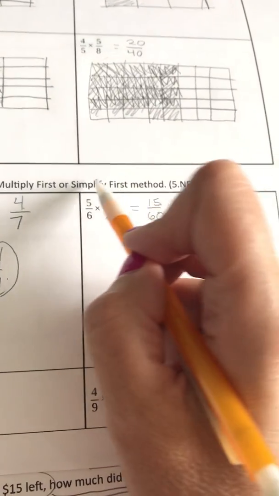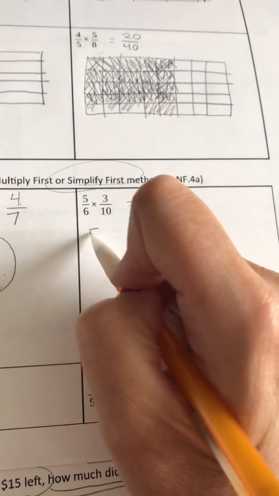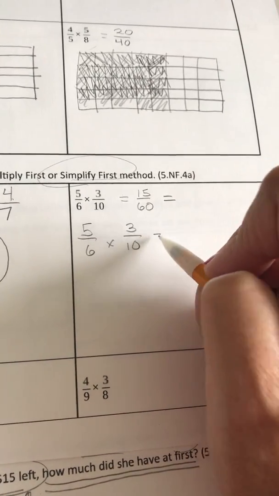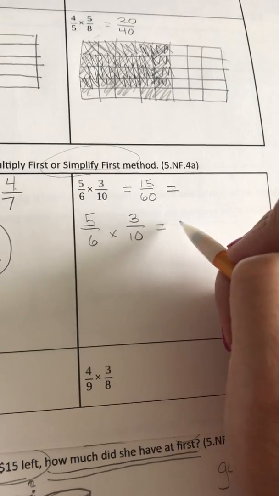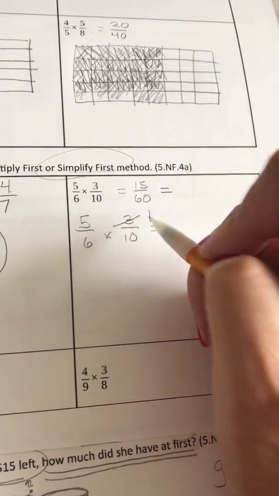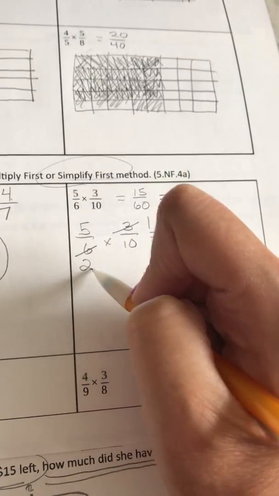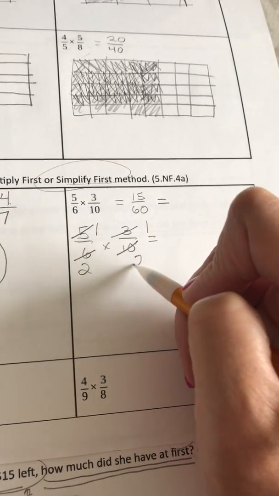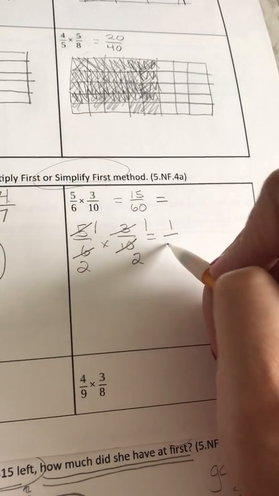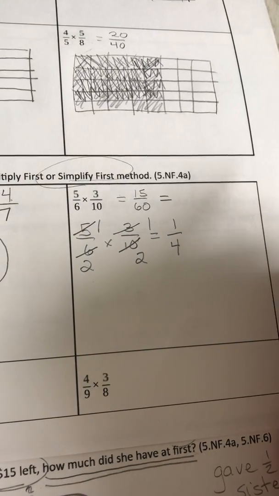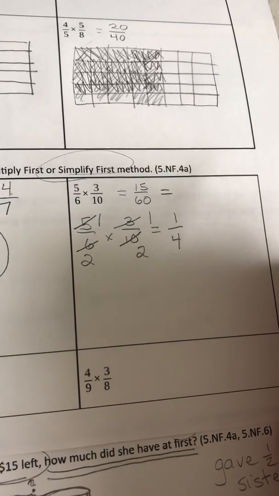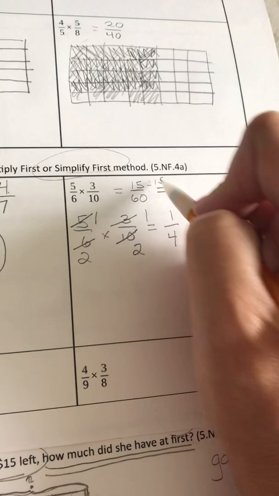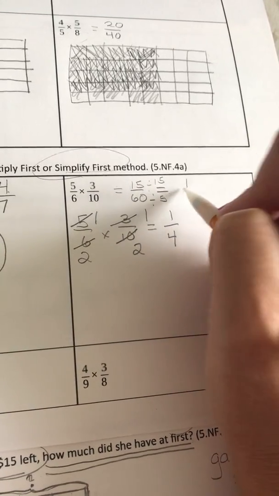Let's make it a little bit easier by using the simplify first method. 5 over 6 times 3 over 10 is going to give you 3 goes into 3 once, 3 goes into 6 two times, 5 goes into 5 once, and 5 goes into 10 two times. Your answer would be 1 over 4. Okay. So if you divided the top and bottom by 15, your answer would be 1/4.